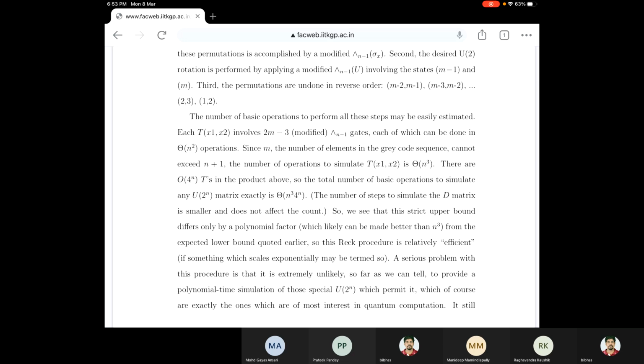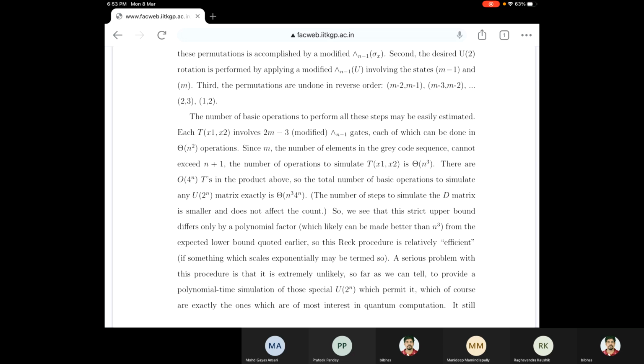Although quantum gates are good, when the number of qubits increases, the number of gates also increases exponentially. So for a huge number of qubits, it is a difficult problem in quantum computing.